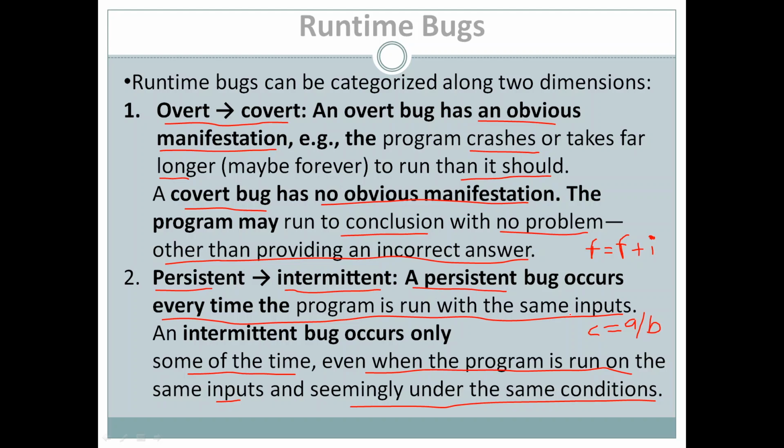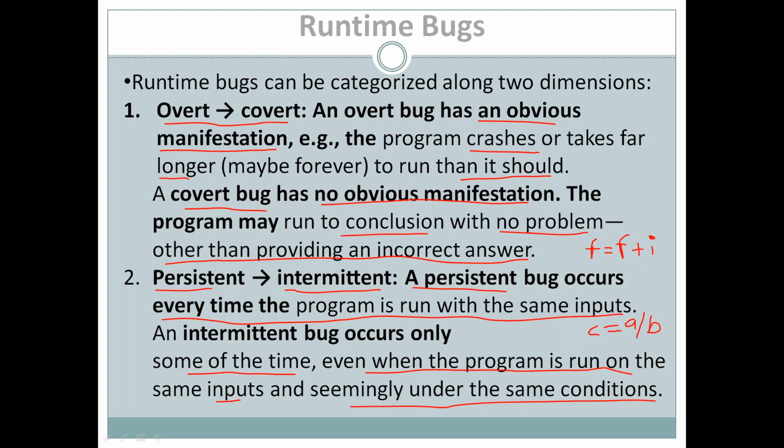In case of an intermittent bug, it occurs only some of the times, not every time, even when the program is run with the same inputs and seemingly in the same condition. Then it is called an intermittent bug.